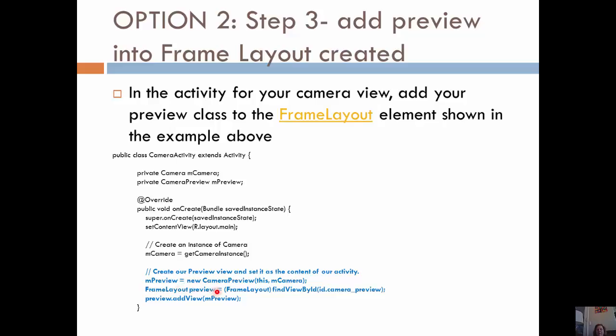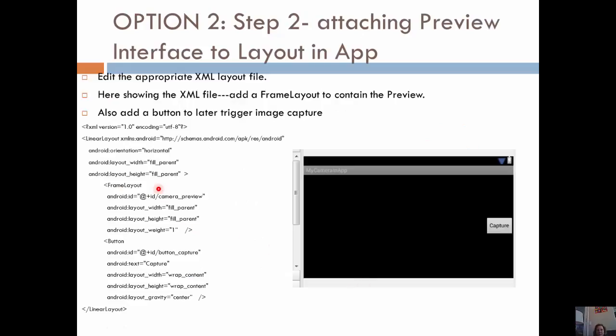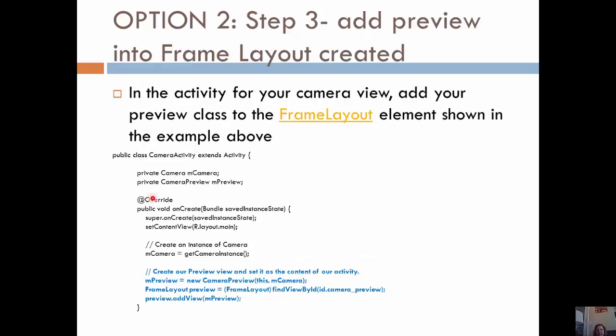Then we grab the frame layout instance associated with the ID camera_preview. Let's take a look at that. Here it is, frame layout camera_preview. That's the ID. Then for that frame layout instance, which is called preview, we're going to add the view mPreview. Again, that's the camera preview instance that we declared here and created right there.